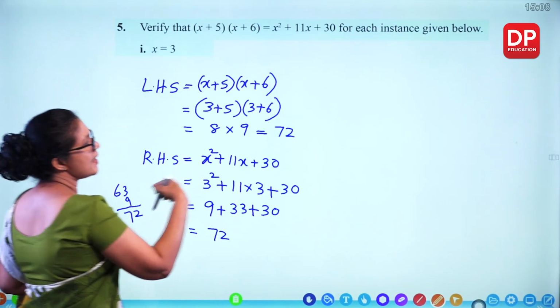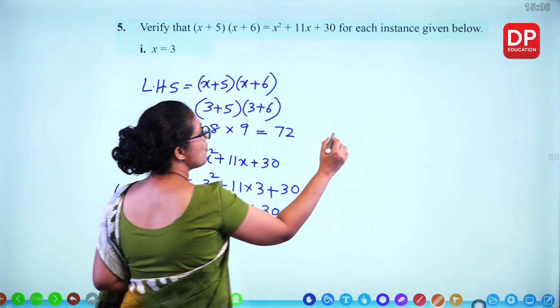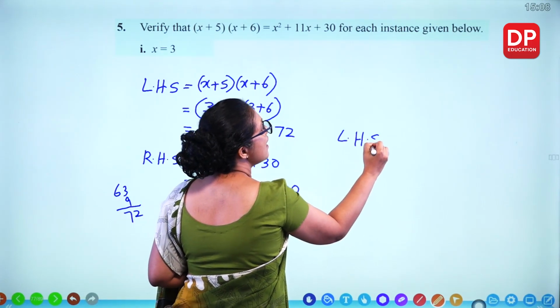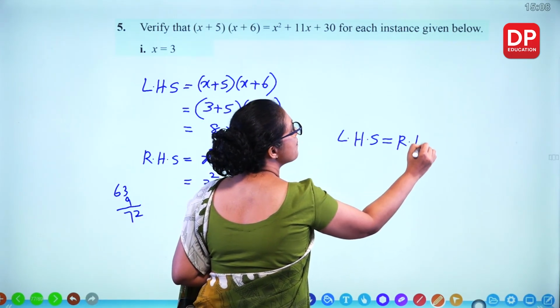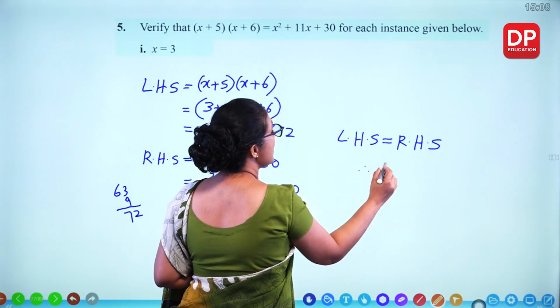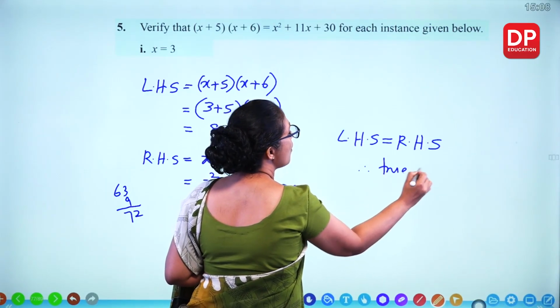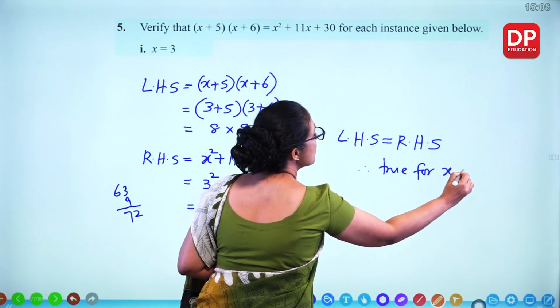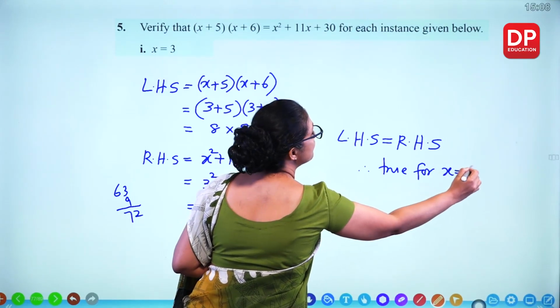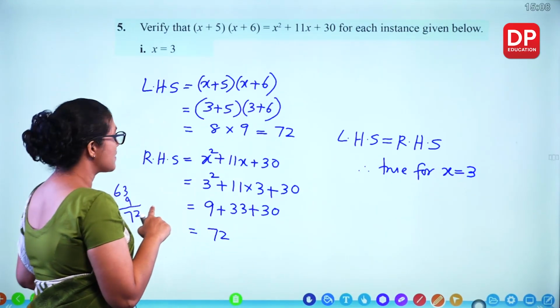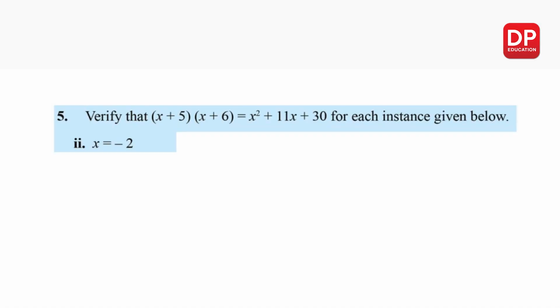Now, same thing you got for left hand side and right hand side. So, we can say true for x equals 3. Now, what's the next part? Second part, x equals minus 2.